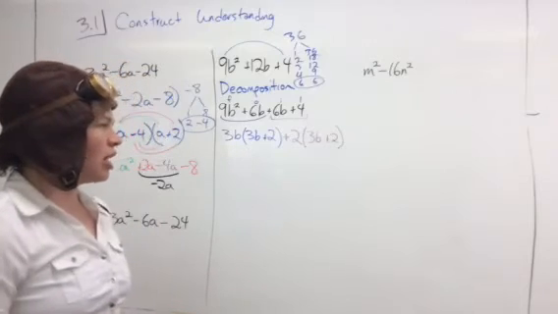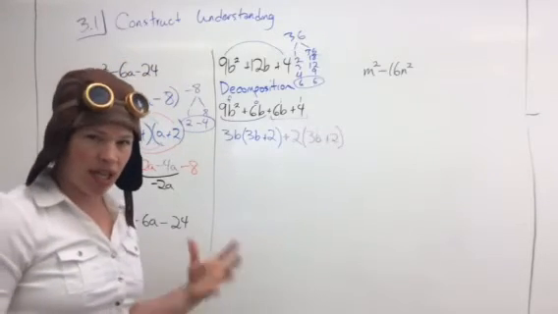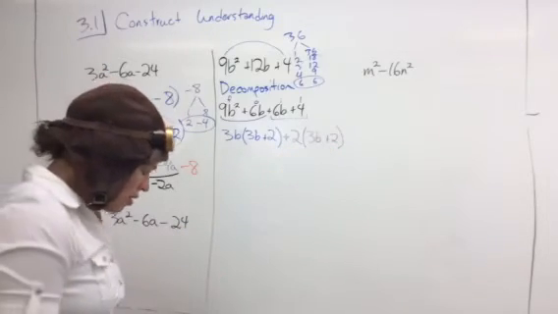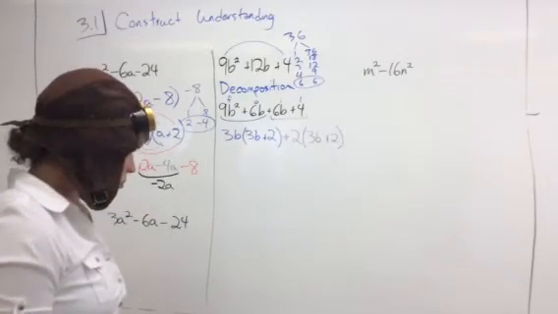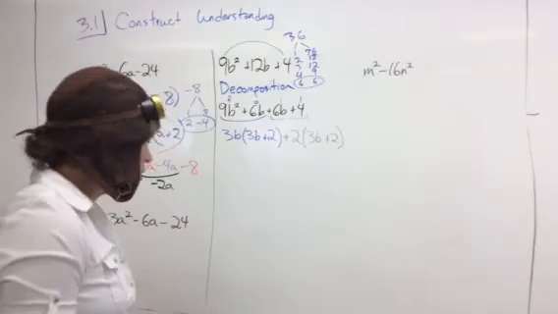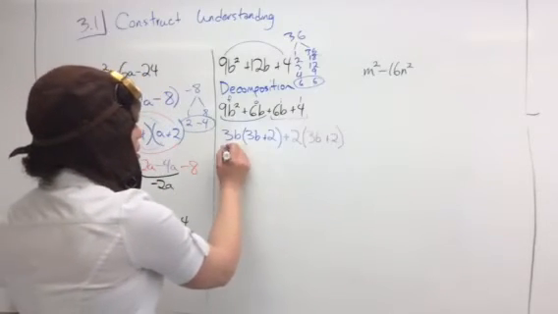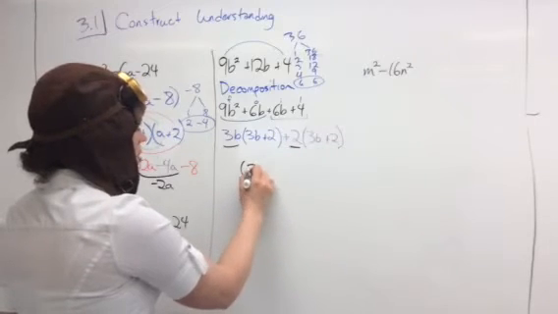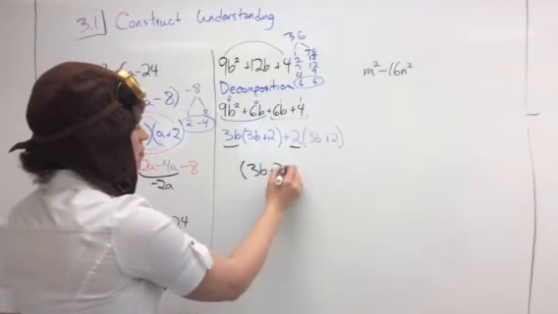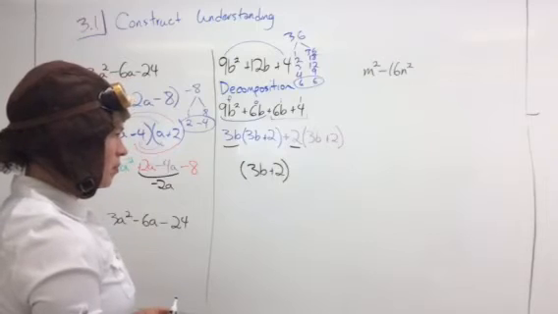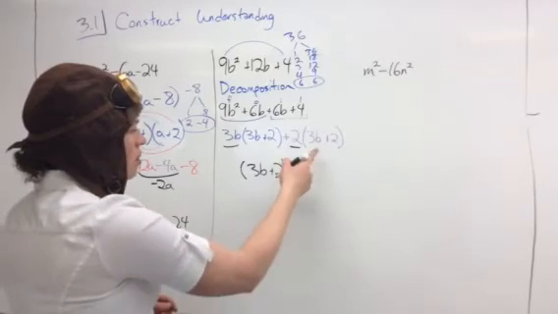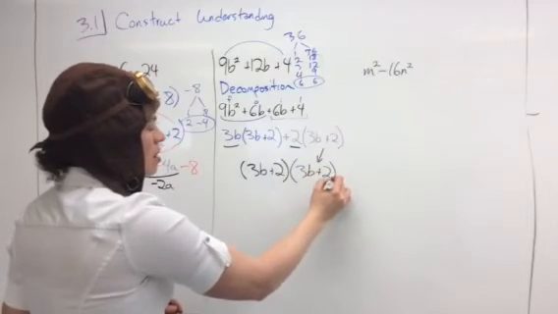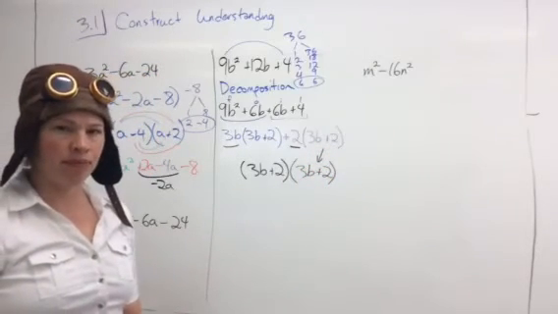And that's when I'm going to see if my brackets match. The brackets have to match: 3b plus 2, 3b plus 2. So what I'm going to do now is take this term and this term and put them in their own set of brackets, like that. And then I'm just going to use the matching set of brackets like that.